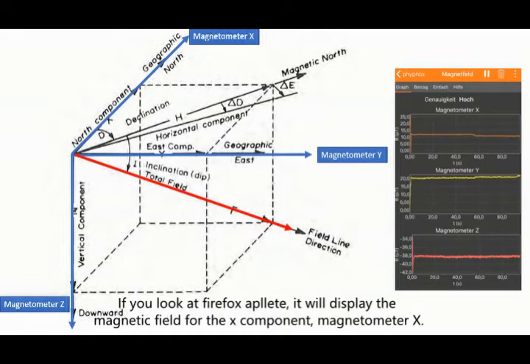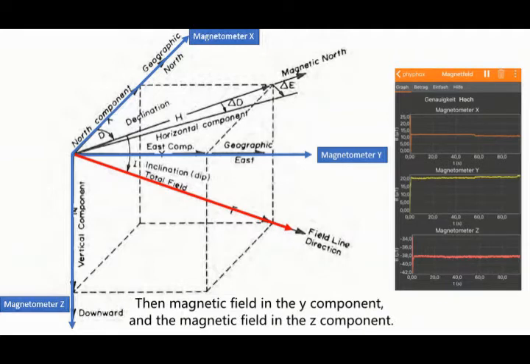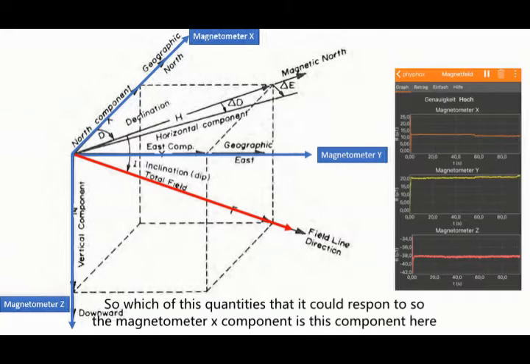If you look at your Firefox applet, it will display the magnetic field for the X component, magnetometer X, and then the magnetic field in the Y component, and the magnetic field in the Z component, right? So, which of these quantities does it correspond to?